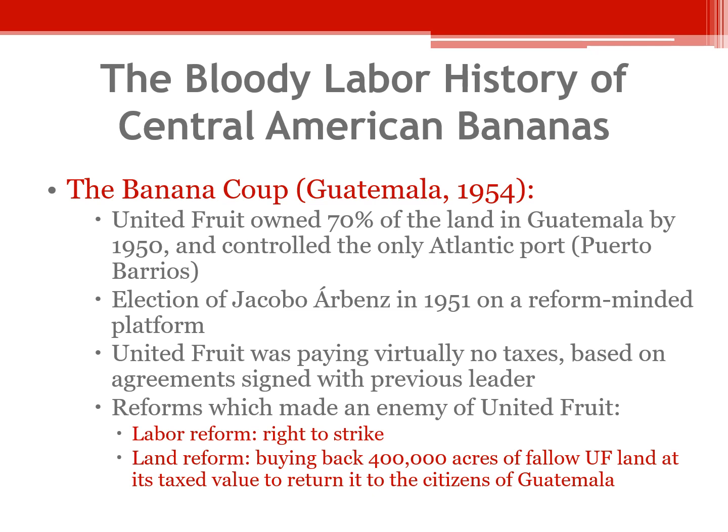So, starting around the year 1900, some of the major transnational companies started buying up much of the land in Guatemala. United Fruit, the parent company of Dole, bought so much land in Guatemala that by the year 1950, United Fruit owned 70% of the entire land of Guatemala. They also controlled the only Atlantic port in Guatemala, Puerto Barrios.